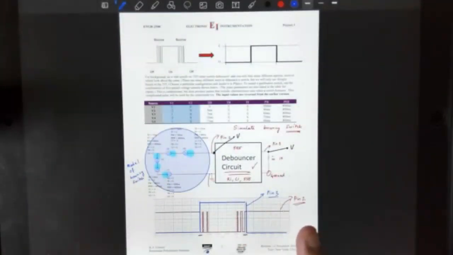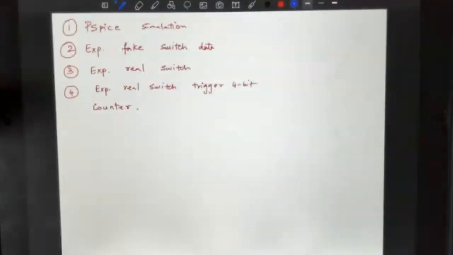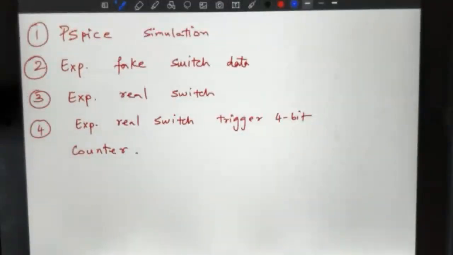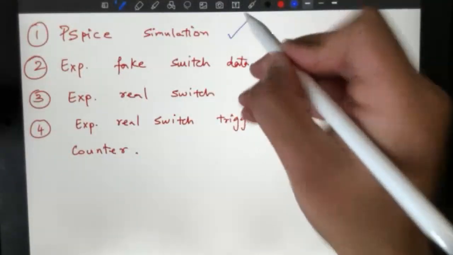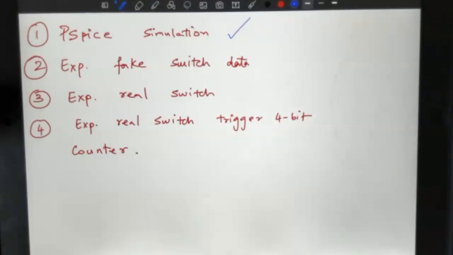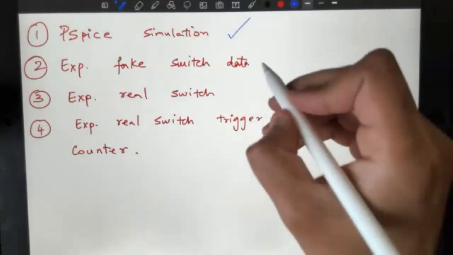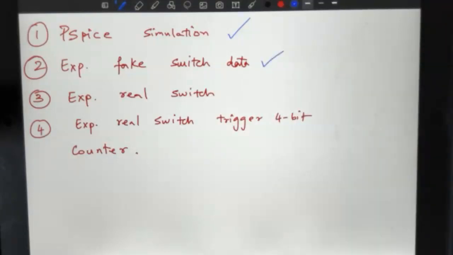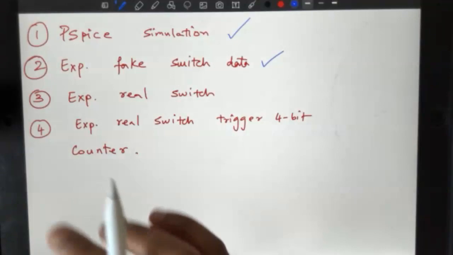So that's your simulation, simulating a switch debouncer in Capture PSpice. In the list of things that we are going to accomplish, PSpice simulation, we talked about that. We are going to next move on to performing an experiment that uses fake switch data. What does that mean?